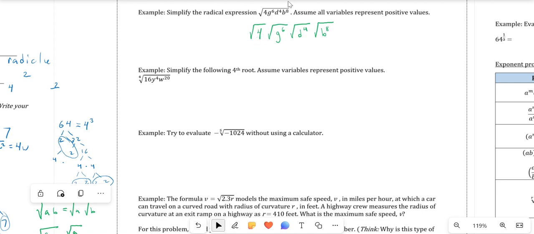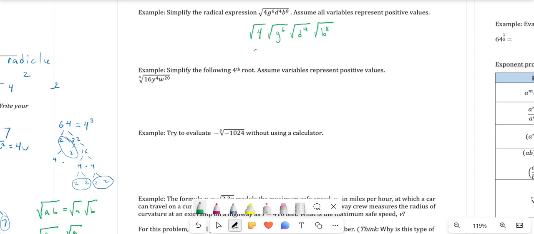And then what do I get in each case? Well, let's think about how this would relate to one of these exponents. We know the square root of 4. What about g to the 6 square rooted? Well, that's just going to be g to the 6th to the 1/2 power. And this is g to the 6th divided by 2, right?